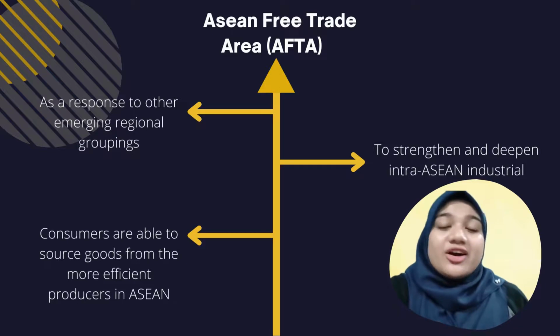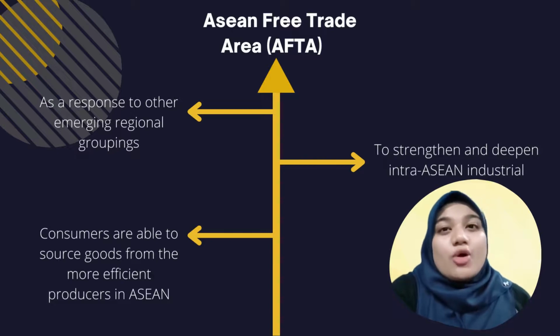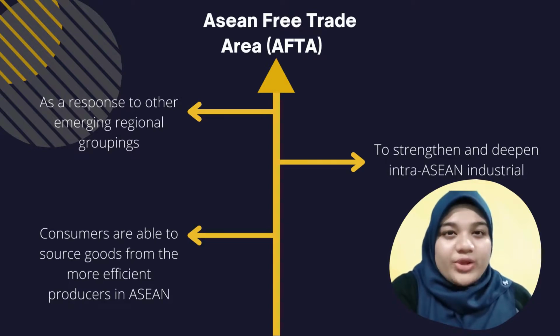As a result, consumers are able to source goods from more efficient producers in ASEAN, thus creating robust intra-ASEAN trade. And based on the commitments under AFTA, Cambodia, Myanmar, and Vietnam had eliminated the duties on all products in 2015, with a flexibility of 7% of tariff lines up to 2018.